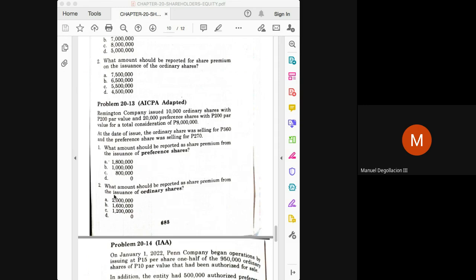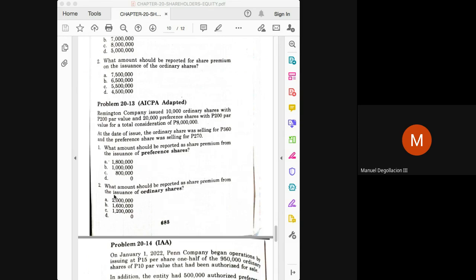Now for the ordinary shares, you multiply the same 8 million by 3,600,000 this time, the fair value of the ordinary shares, divided by 9 million, the combined fair value of the ordinary and preference shares. Okay, and if you do that, 5,400,000 divided by 9 million, that's 60%. And 60% of 8 million would be 4,800,000.